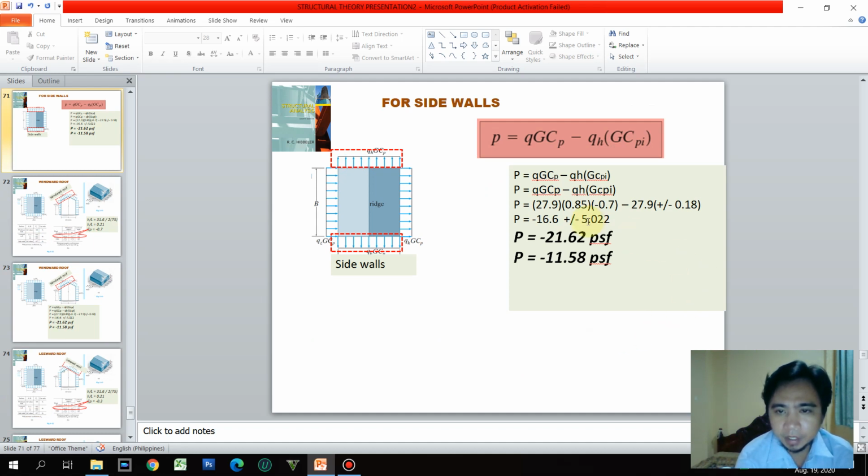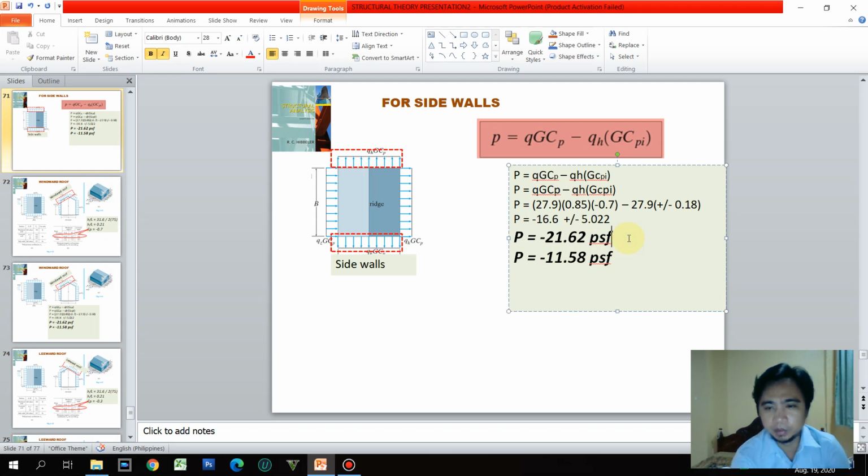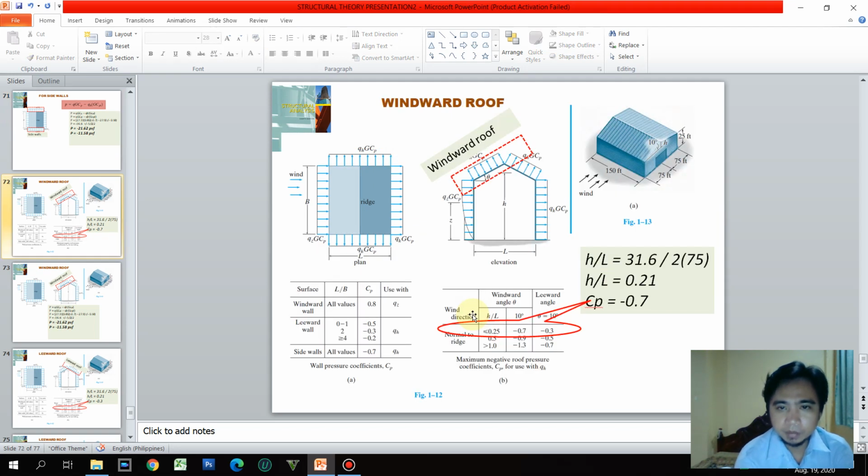Again, applying the formula, this is 27.9, this is 27.9, 0.85, we just replace this negative 0.7 plus or minus GCPI, that is 0.18. Finally, we have an upper limit of 21.62 and negative 11.58 as a lower limit. Okay, that's it for the side walls.